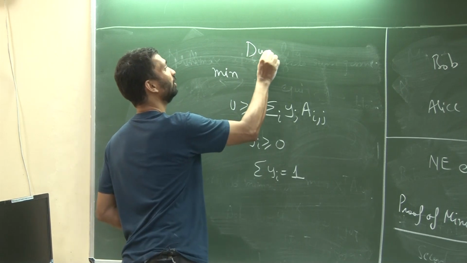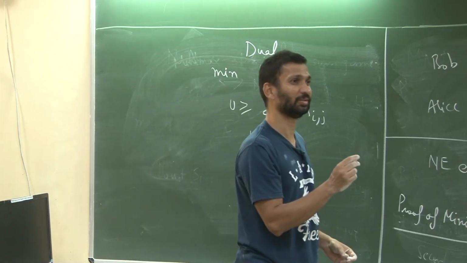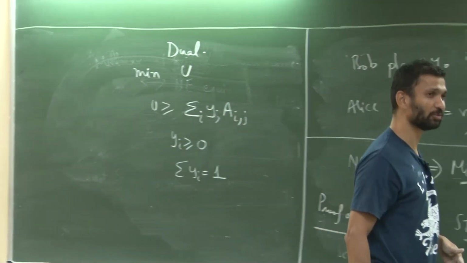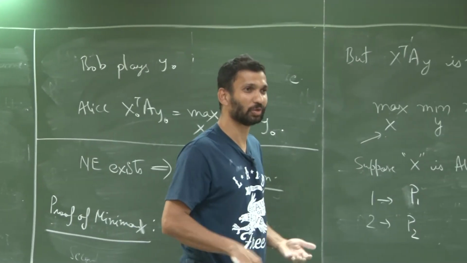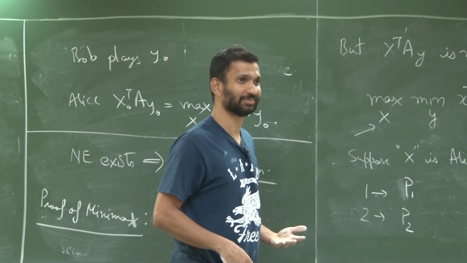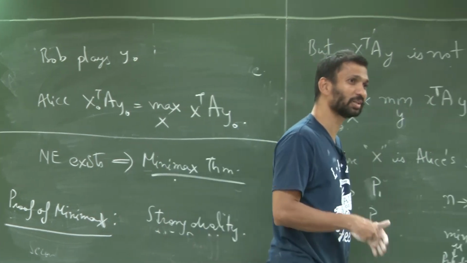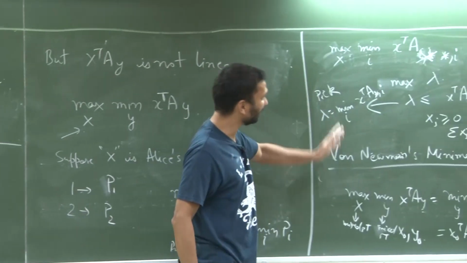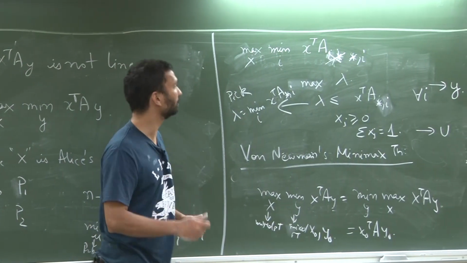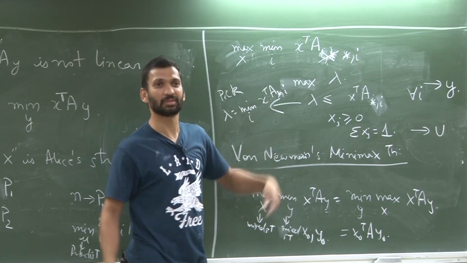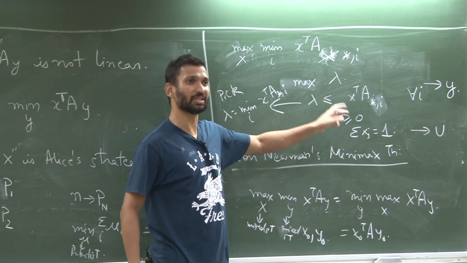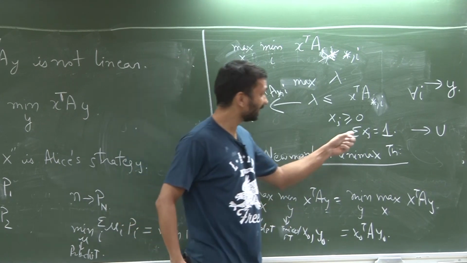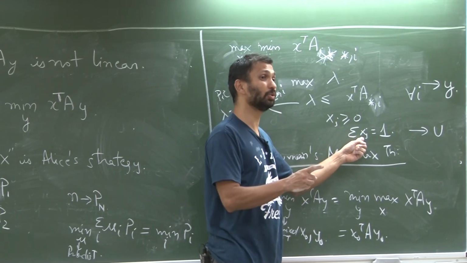Do you want to take the dual yourself, or you trust me? If the choice was just trust me or not, then probably you don't trust me. But again, whenever you have to take the dual, remember, write the variables, create the constraints corresponding to each variable.